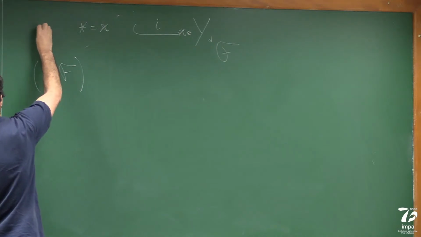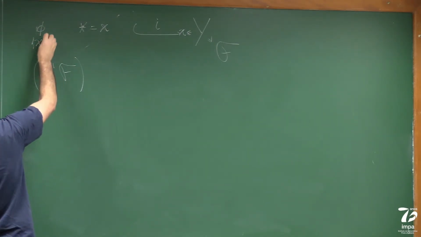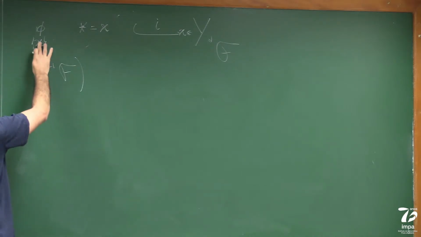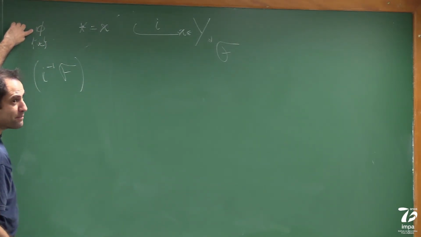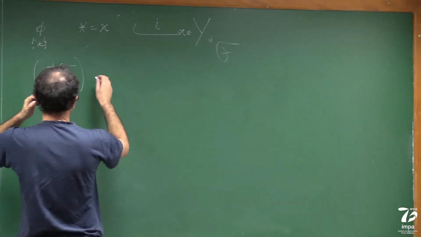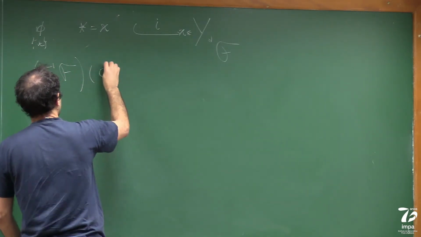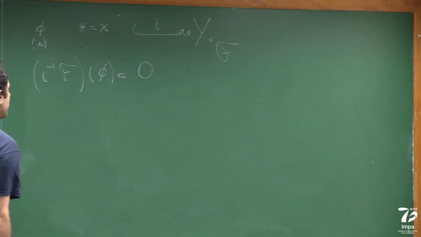I can take either the empty open set, or I can take the whole space. So there's only two opens, and the preimage of the empty set is going to be empty, of course, and the preimage of X is what I'm interested in understanding. This is just 0, because F of the empty space is the empty space, and the limit of all of these sections is going to be 0, which is the terminal object.